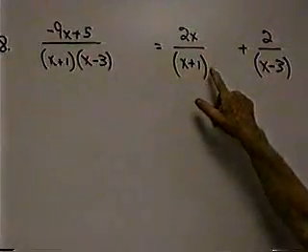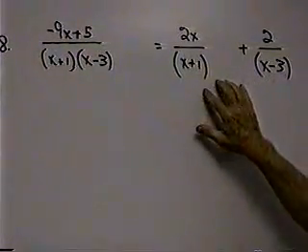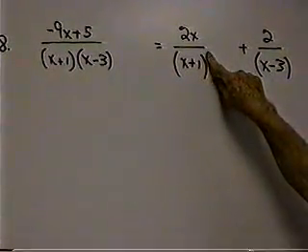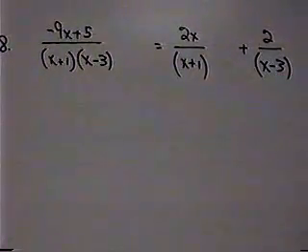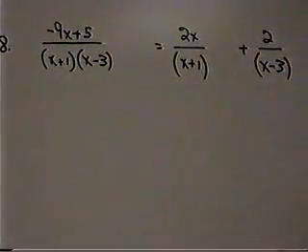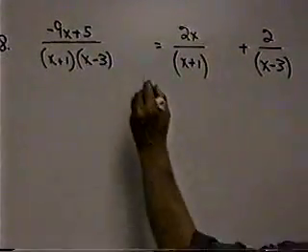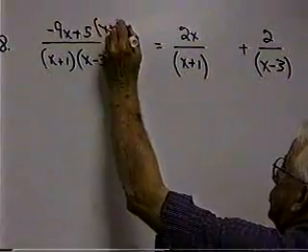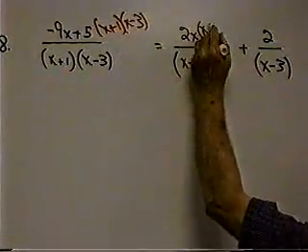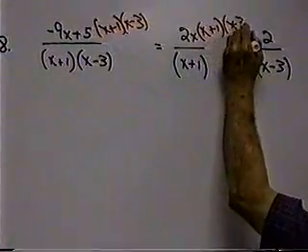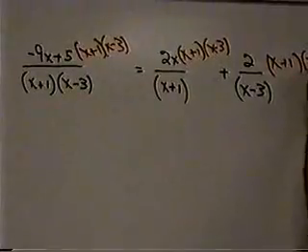If one of these parentheses is repeated, in other words, if you had this squared, then you have to have it squared in your lowest common denominator. Okay, so therefore, the common denominator is x plus 1 and x minus 3.